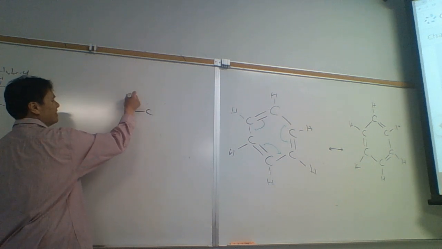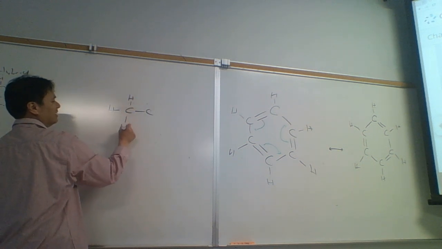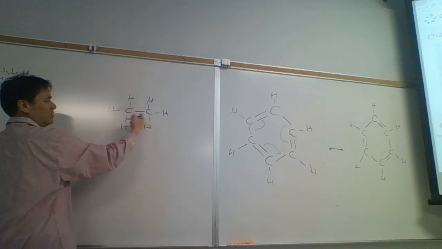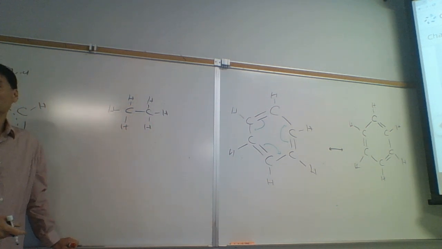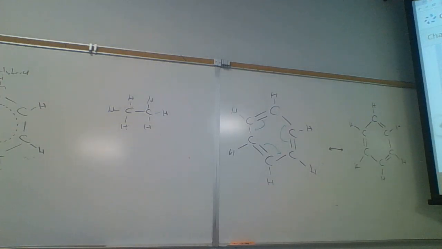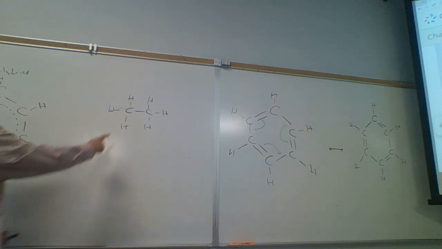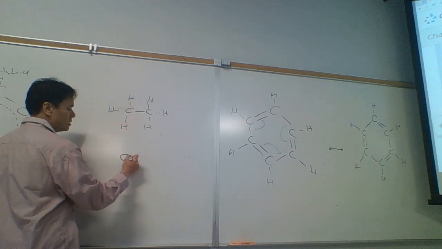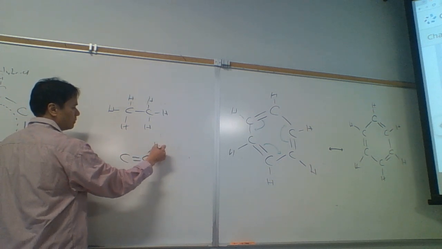One is ethane. What are the geometries around each carbon? Molecular geometries. Tetrahedral and tetrahedral. Whereas the other, C2H4, looks like this.